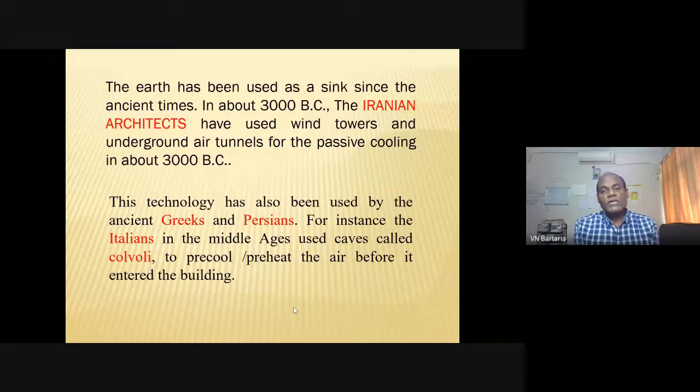This technology has also been used by the ancient Greeks and Persians. For instance, the Italians in the Middle Ages used caves called colvoli to pre-cool or preheat the air before it entered the buildings.